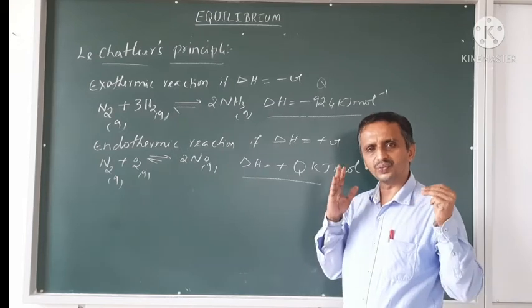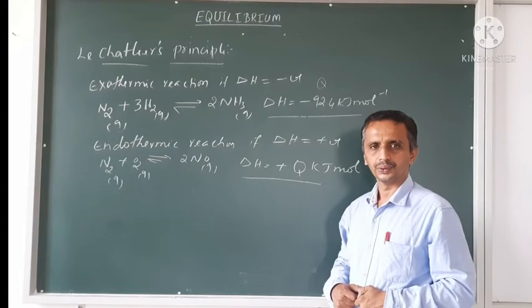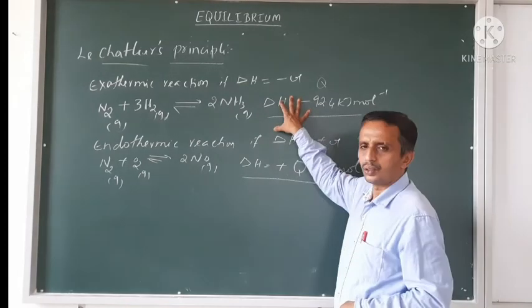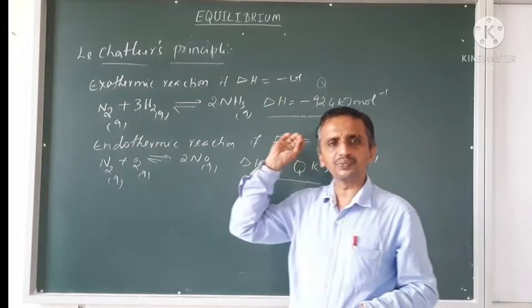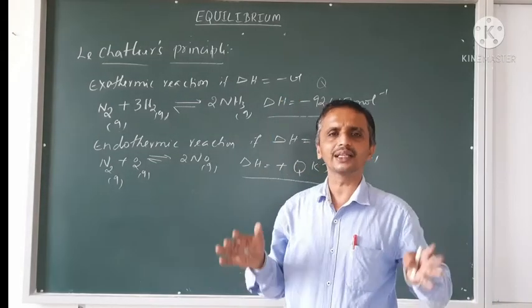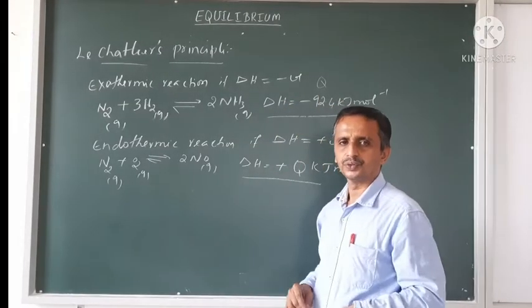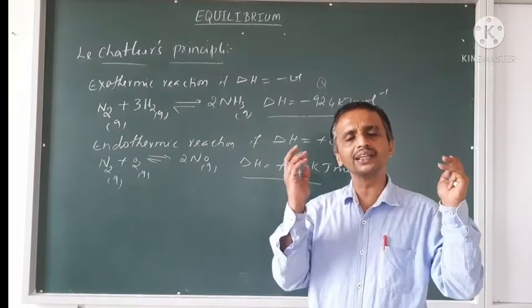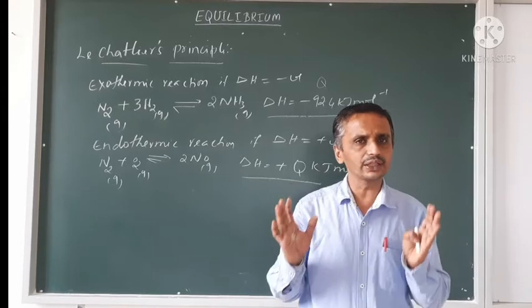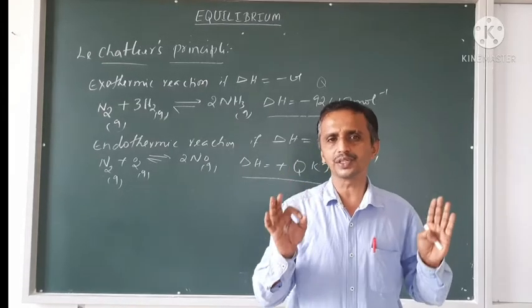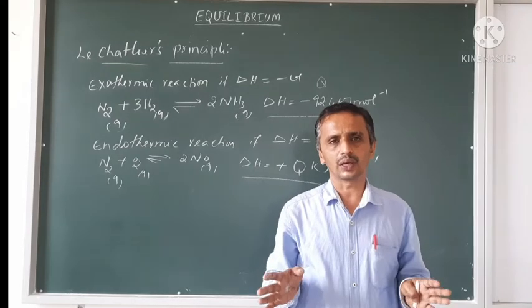So, to know the enthalpy change, I should know the meaning of enthalpy also, and how to calculate this change in enthalpy. Enthalpy of the products minus enthalpy of the reactants gives the change in enthalpy. Actually, we are going to study this in the thermodynamics chapter completely, also in the thermochemistry part.